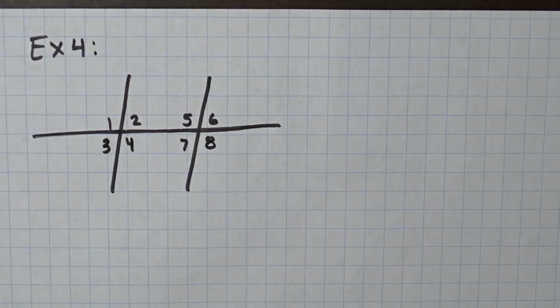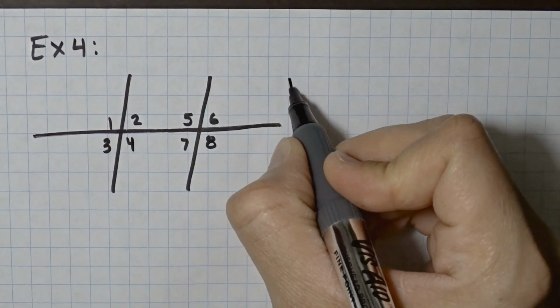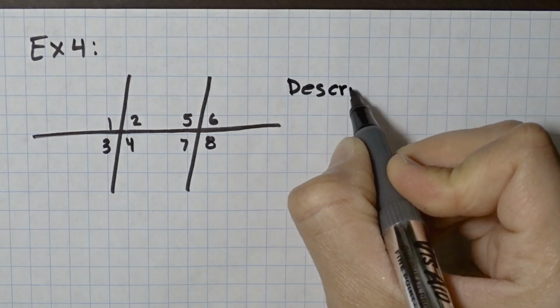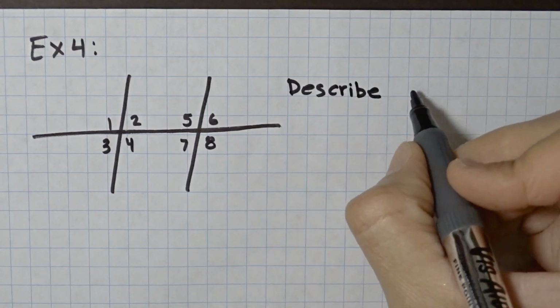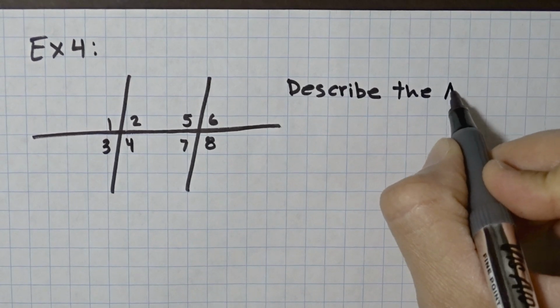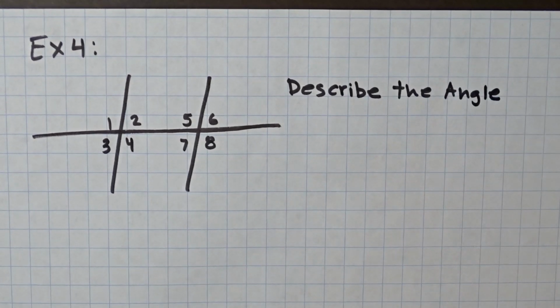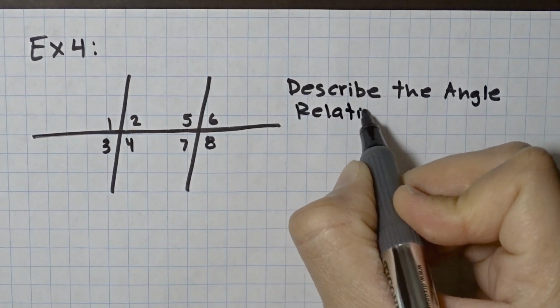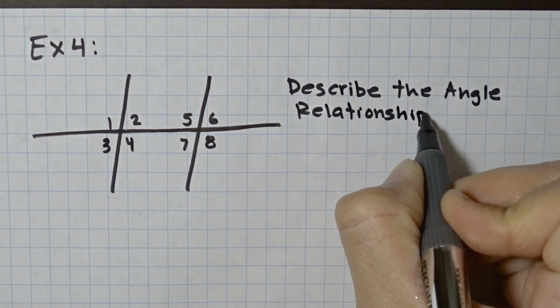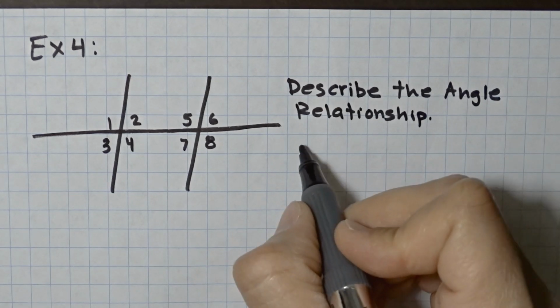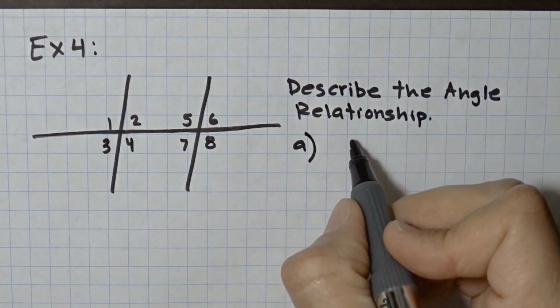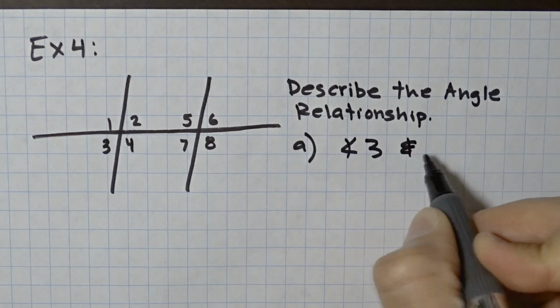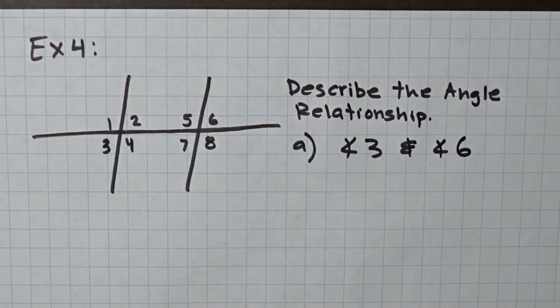So, describe the angle relationship. First one would be between angle 3 and angle 6. So if I tell you, let's look at angle 3 and angle 6. What's the relationship between those two angles?